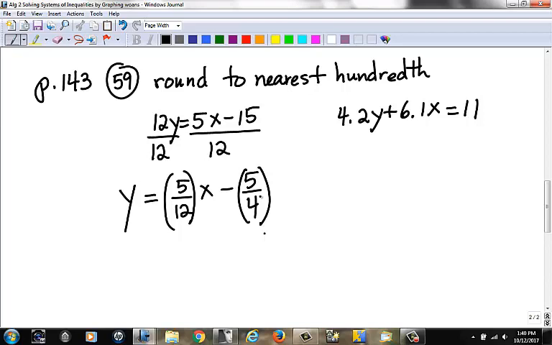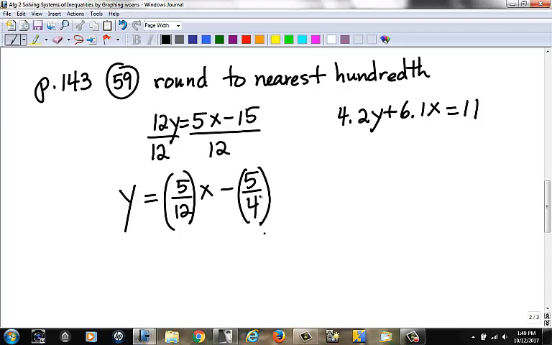Then do parentheses, right above the 8. There's a parentheses key. 5 divided by 12. Close the parentheses, and then use the X,T,theta,n key. It's right here. Okay. 5/12 x minus, and then parentheses 5 divided by 4.